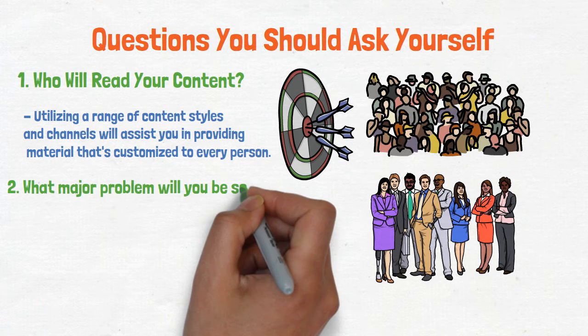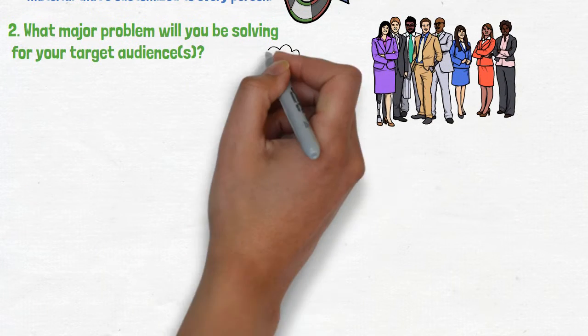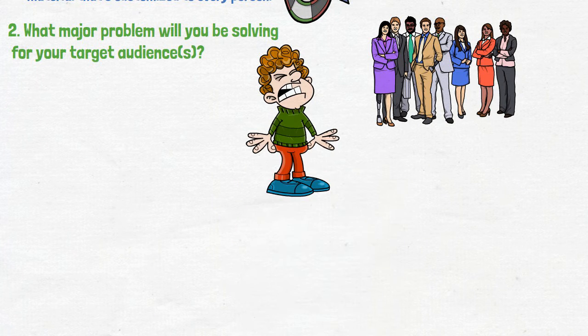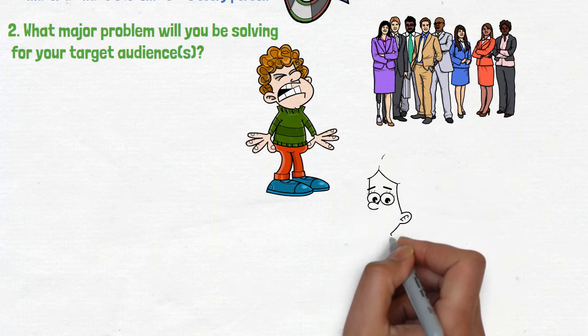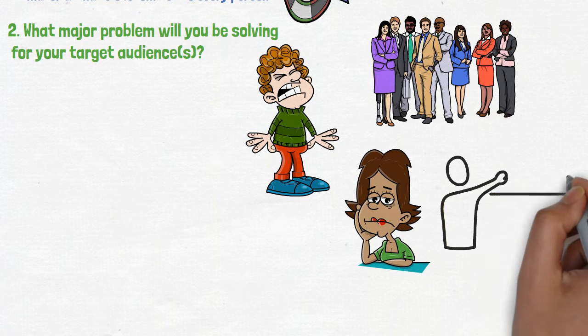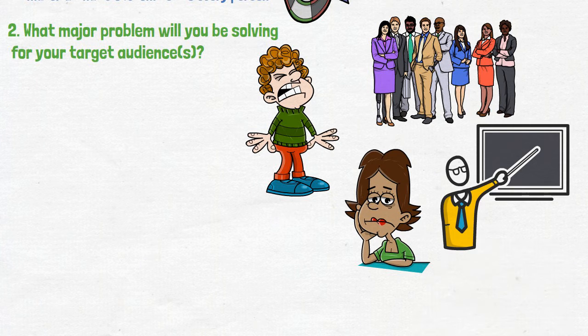Number 2, what major problem will you be solving for your target audience? Preferably, your service or product gets rid of a challenge you understand your target audience has. Likewise, your material coaches and informs your viewers through this issue as they start to recognize and deal with it.